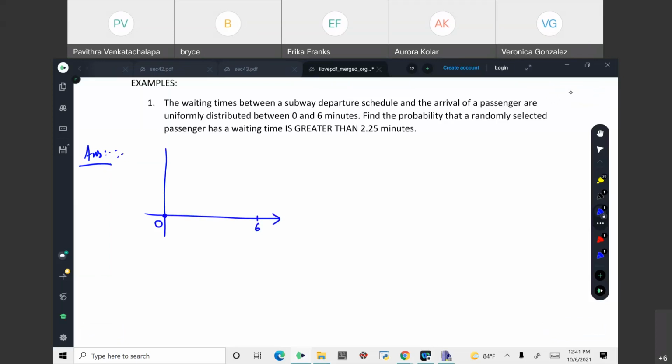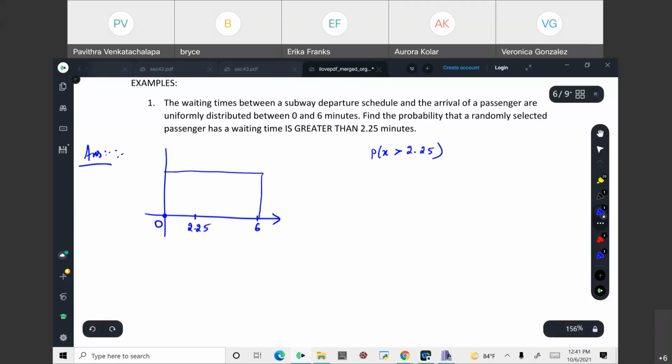We need to find the probability for P of x greater than 2.25. Now, you don't have to divide the x line. You can just write 2.25 somewhere between those two values. Now, I don't know what is the height. I'll just draw a line there. So always you need to find the height if it is not given.